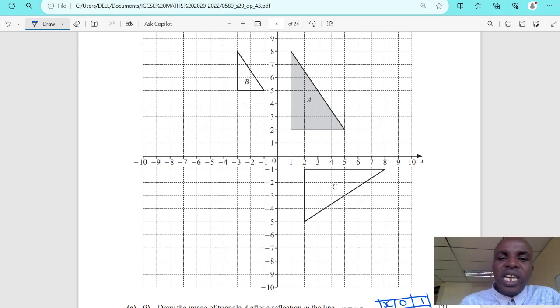You plot these points. x = 0, y = 0; x = 1, y = -1. Then you find your ruler. You join these two points with your ruler. Long line.